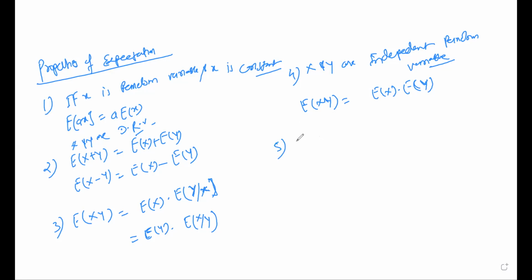Next property: if it is given that y is equal to ax plus b, where a and b are constants, and you take the expectation on both sides, then the expectation of y is a into the expectation of x plus the expectation of b.